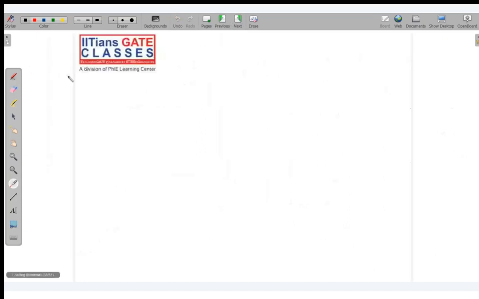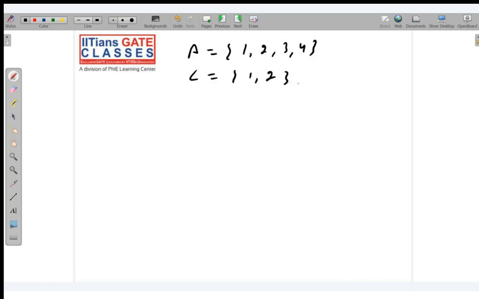Okay, so the next thing is we have a set A equal to {1, 2, 3, 4}. We have a set C = {1, 2}. So directly I can say C is a subset of A. That is, C is a subset of A. Now I can say it like this also. What is R of C?